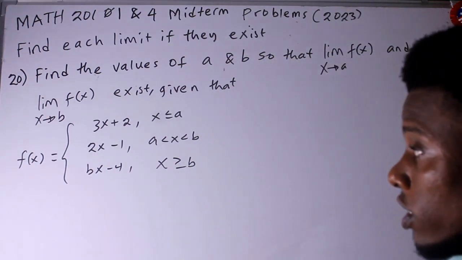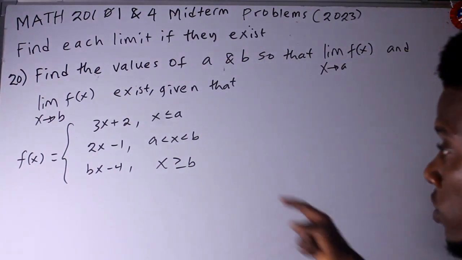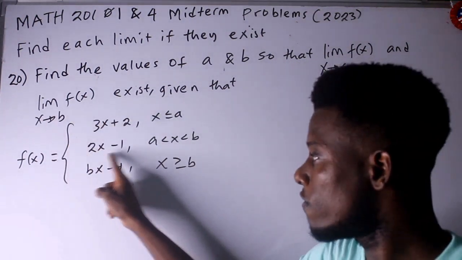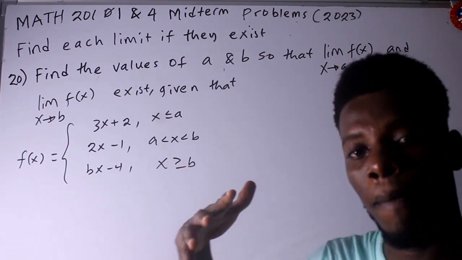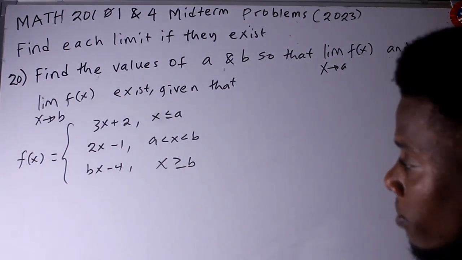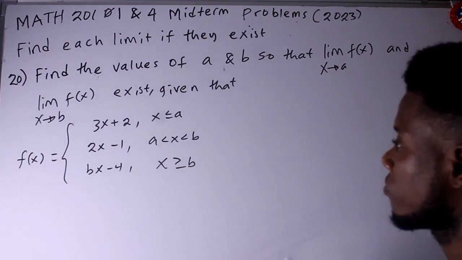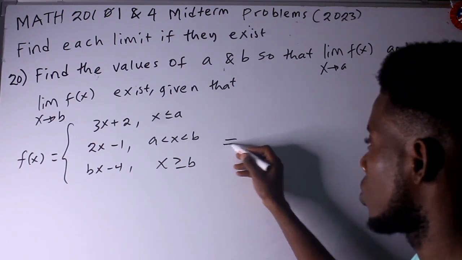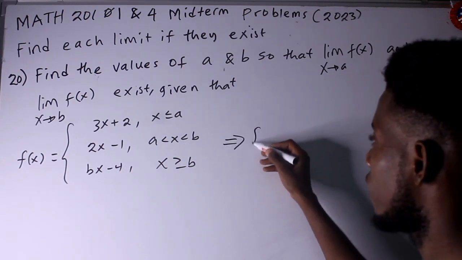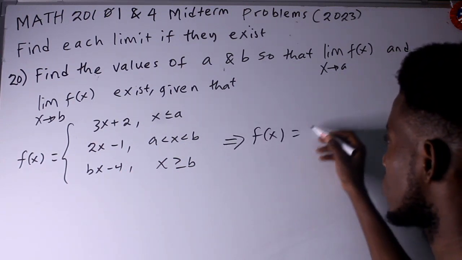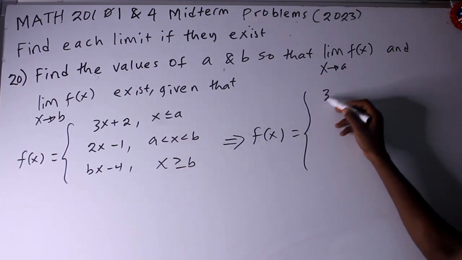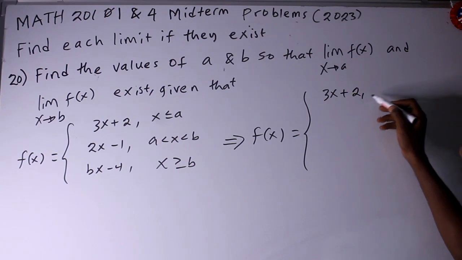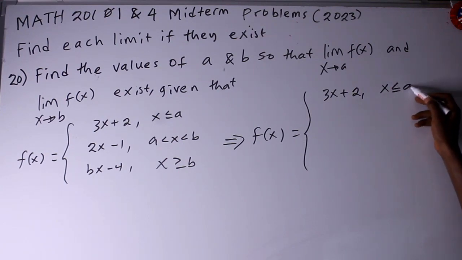The first thing you need to do here is to redefine the second expression. For this second definition, we have a and b combined, so we can split them. Now the solution begins from here. We say f of x is a piecewise defined function. It is 3x plus 2 if x is less than or equal to a.